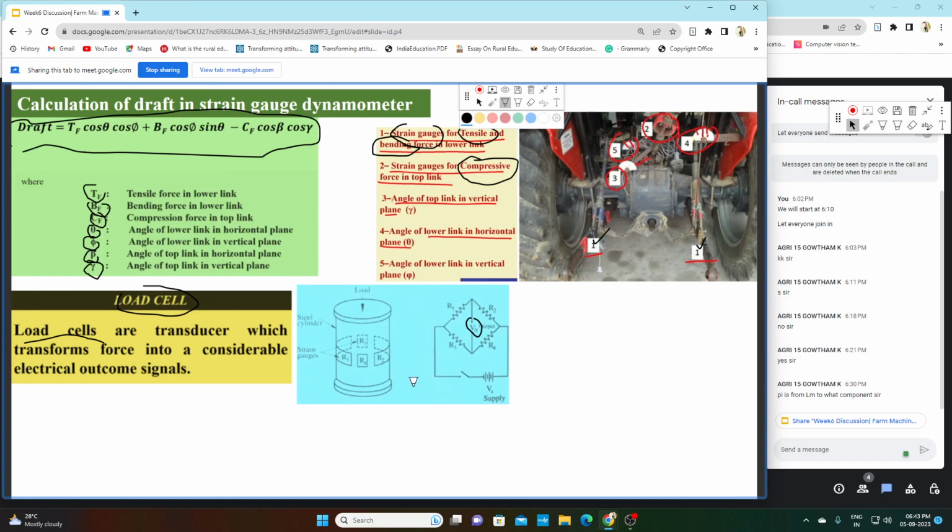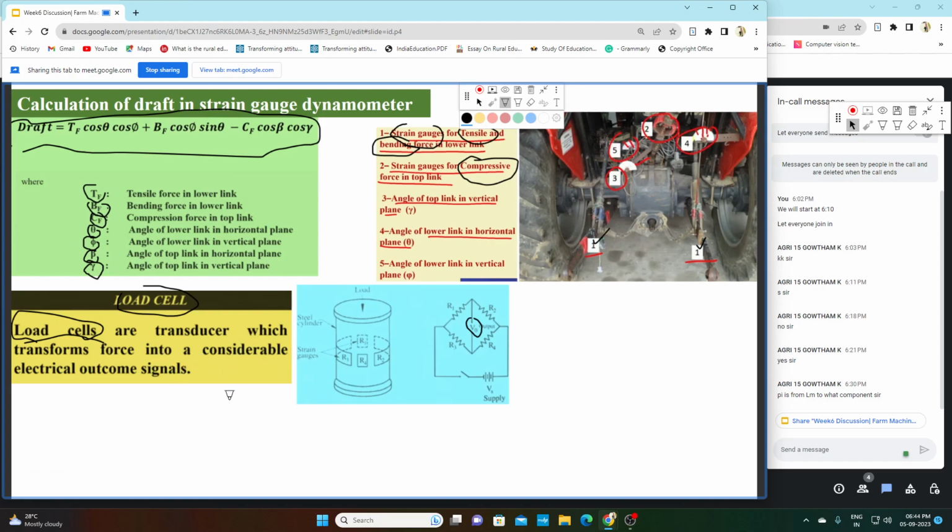So when the strain gauges are subjected to some forces, there is some change in their resistance, and due to the change in resistance, we get some voltage output. That is the principle of the load cell. A load cell transforms force into considerable electrical signals.